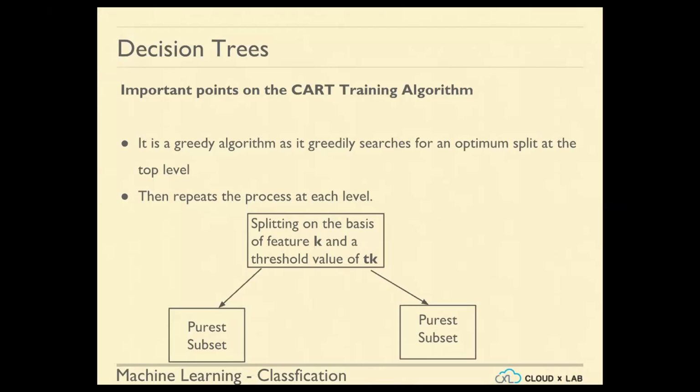Okay, a question from Kamal: at each node, is the splitting always based on one feature? Yes, as per this particular algorithm, the splitting is based on one feature. In decision trees, the splitting is generally based on one feature.